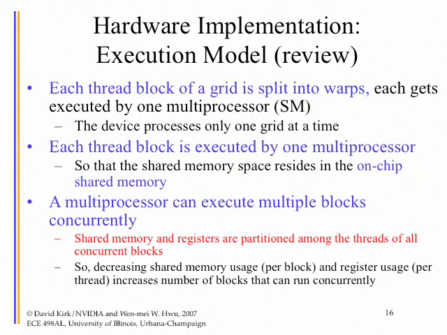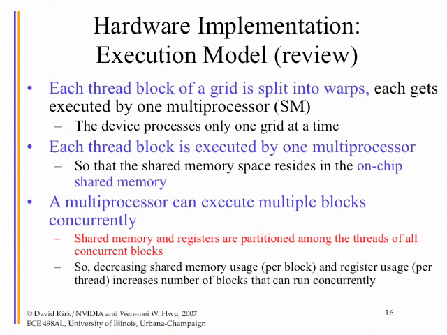We already covered this thing. Each block of a grid is split into warps, and each block is executed by one multiprocessor so that the shared memory space resides in the on-chip shared memory. And let me see. Is there something I need to cover in addition to what I just said? A multiprocessor can execute multiple blocks concurrently. Okay.